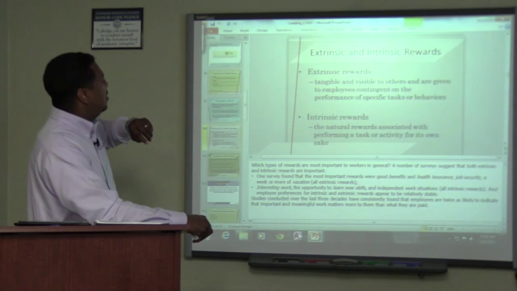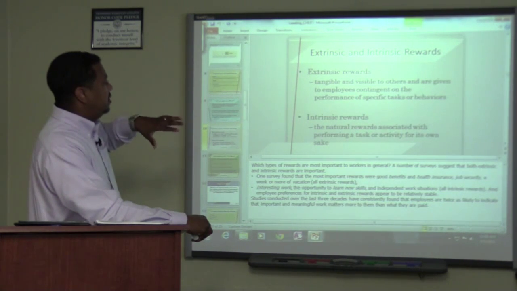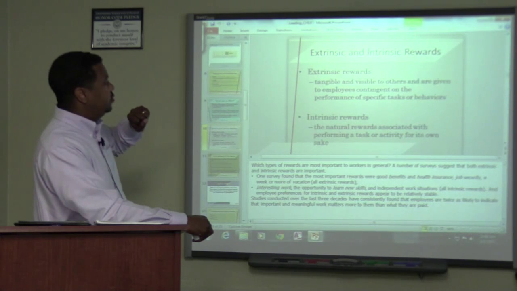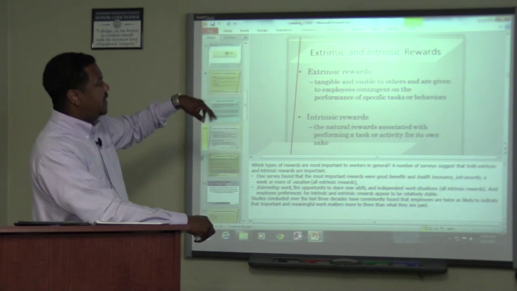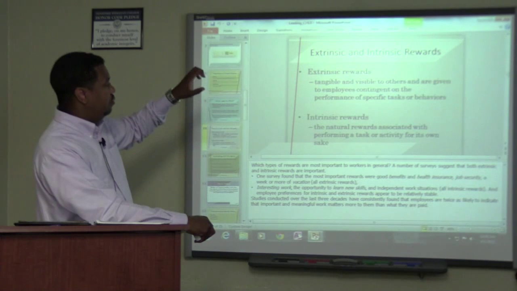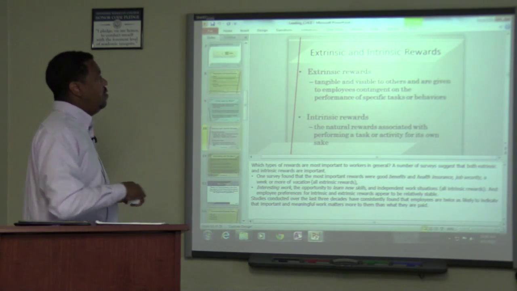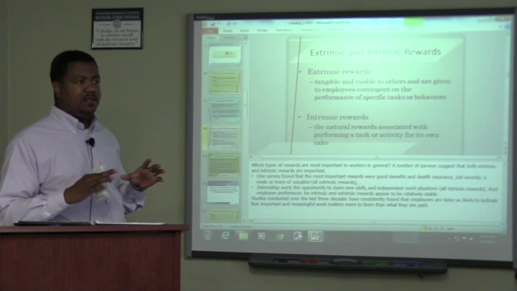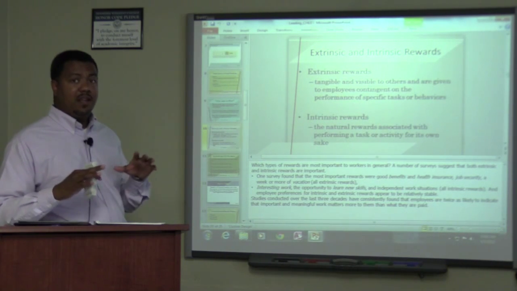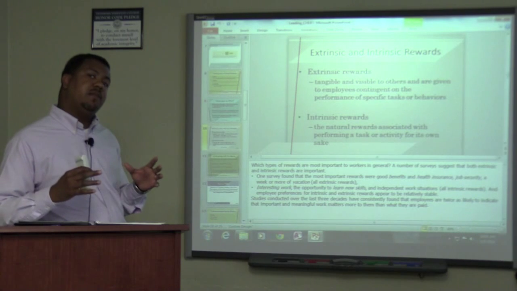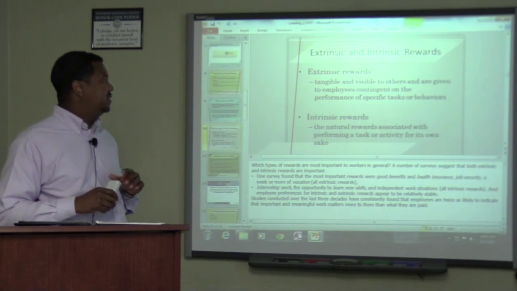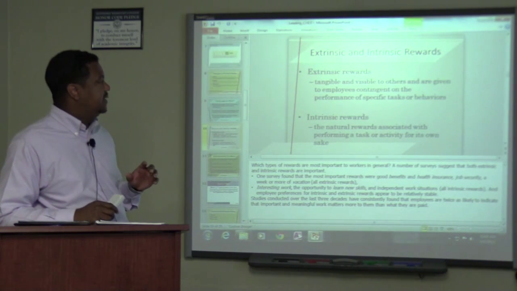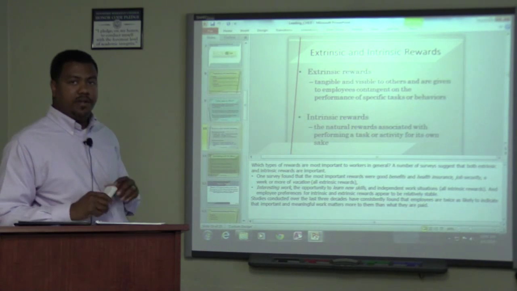Now let's look also at need theory and what motivates individuals. We can talk about intrinsic as well as extrinsic reward systems. When we talk about extrinsic rewards, those are the primary basic things that organizations provide employees in order to attract them to completing the jobs, responsibilities, and tasks designated within an organization.